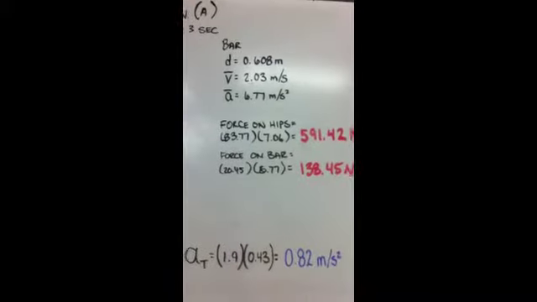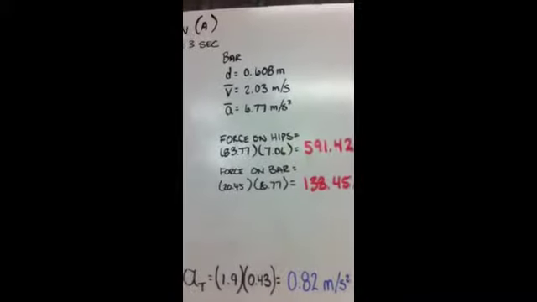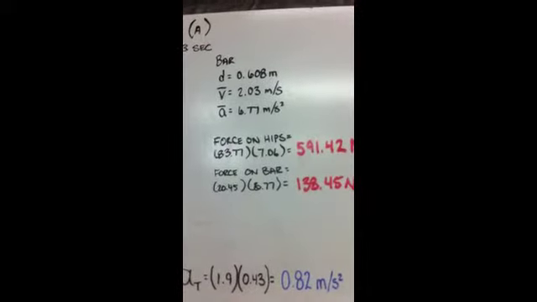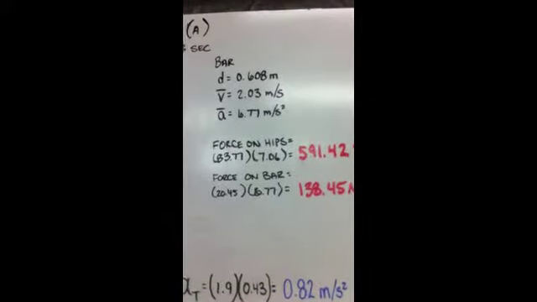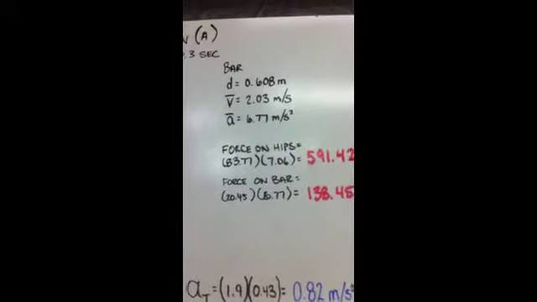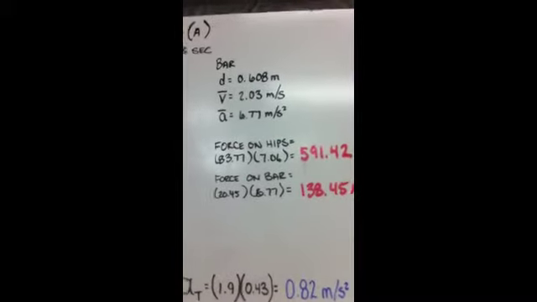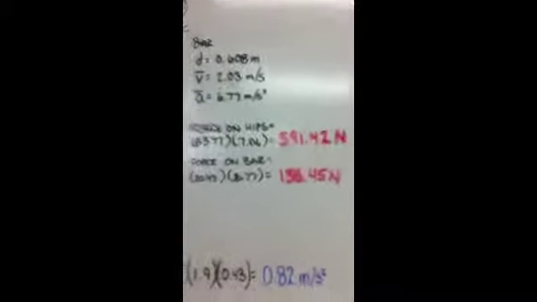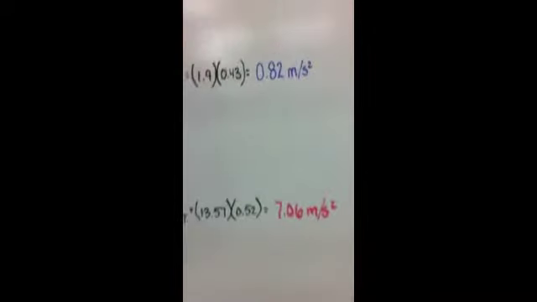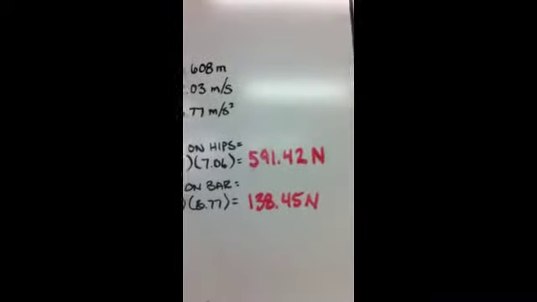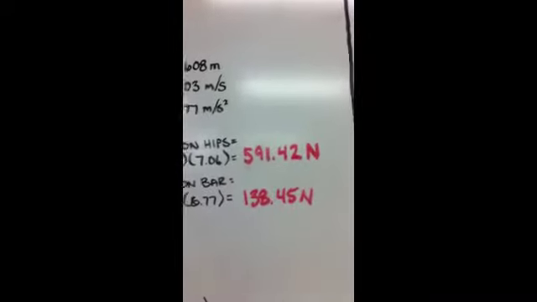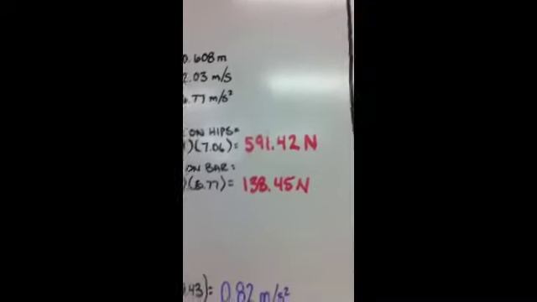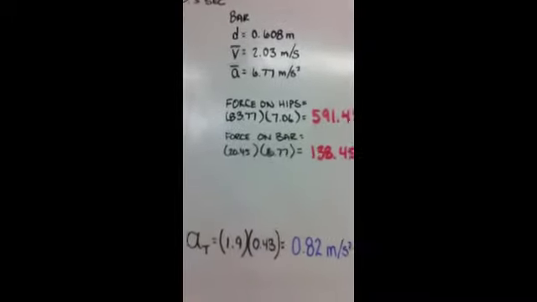I take my mass, which is my body mass minus my leg mass, which is 83.77 kilograms. I multiply that times my tangential acceleration at the hips, which is 7.06 meters per second squared, and I come up with 591.42 newtons of force on the hips.